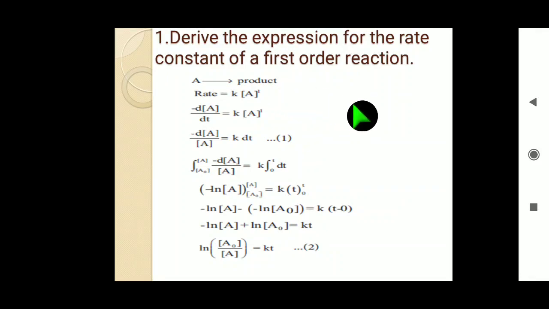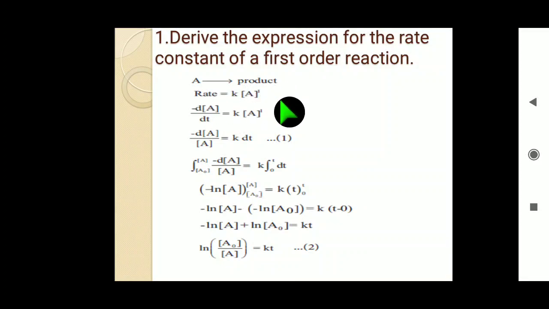The next step, we should write the rate law for the first order reaction. So rate equal to rate constant with concentration A. Only 1 mole, or coefficient we can say, will come in the exponential power.